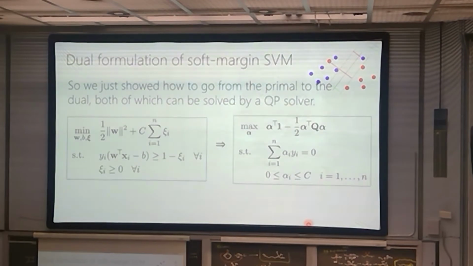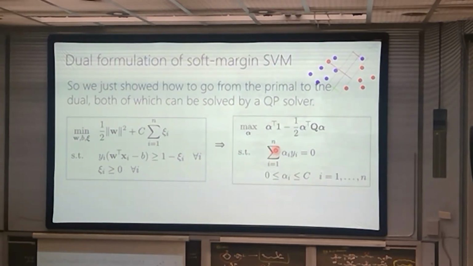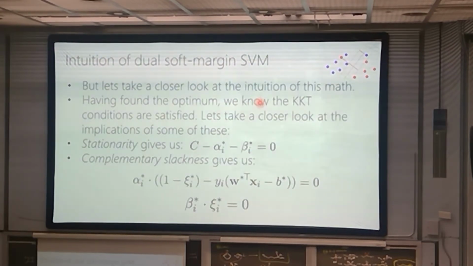One is we're going to try to understand some of the intuition of the constraints in the KKT, to see if this gives us insight into what's going on in the problem. And the other thing we're going to do, and I think I should have switched the slides around, but I didn't, is say, given the alphas, how do I get the actual classifier? How do I get W, how do I get B, what does it look like? But first, let's get some intuition of what happened here with the math.